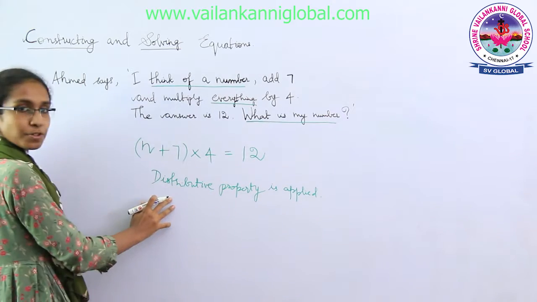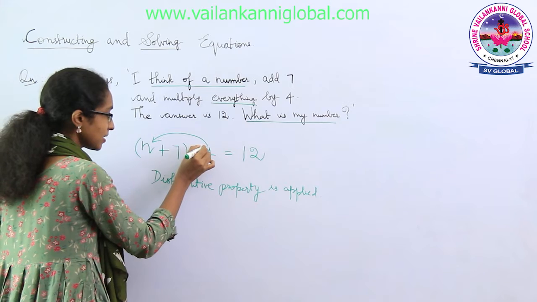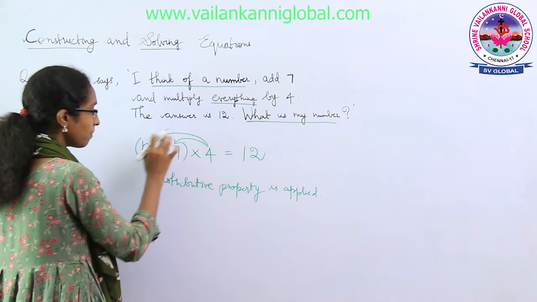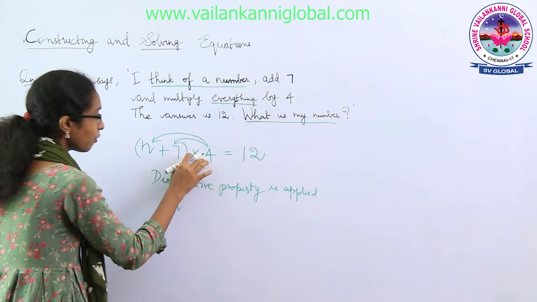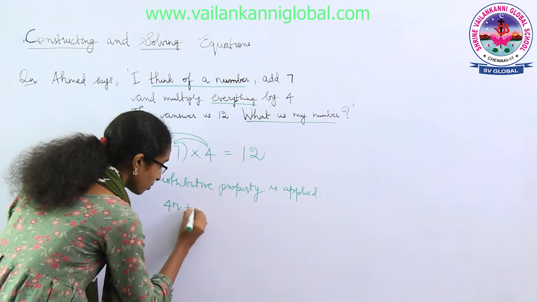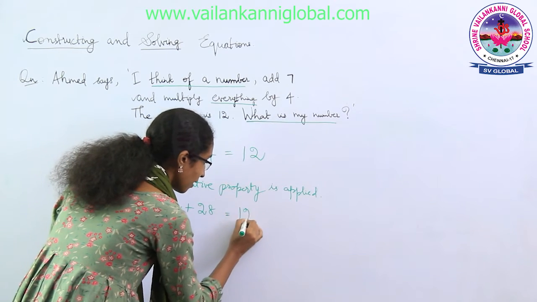Applying the distributive property, we distribute 4 inside the brackets, which is 4 multiplied with n gives you 4n, and 4 multiplied with 7 gives you 28, that is equal to 12.